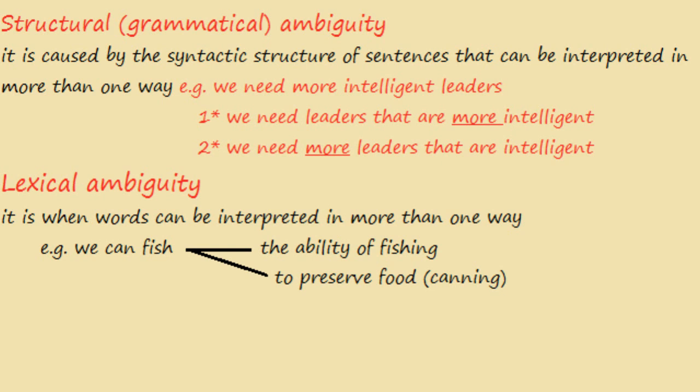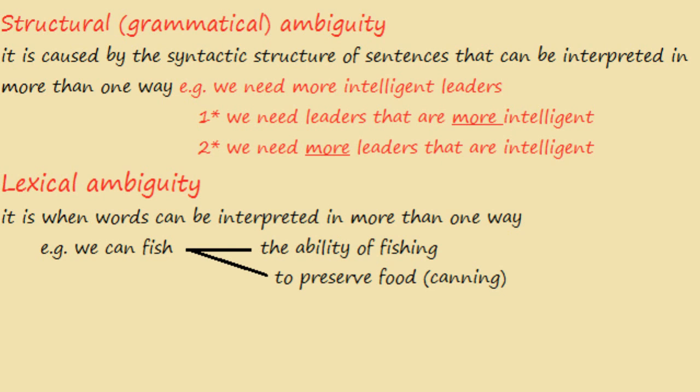Then we have lexical ambiguity. It is when words can be interpreted in more than one way. For example, we can fish. It either means the ability to do something, or to fish, I mean to go to the lake or the ocean and fish, or it means to preserve food.